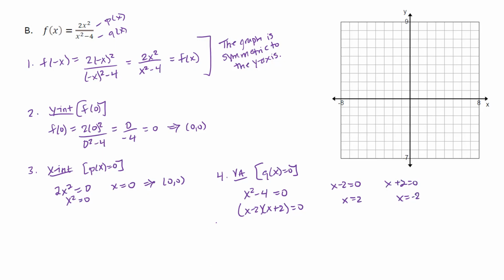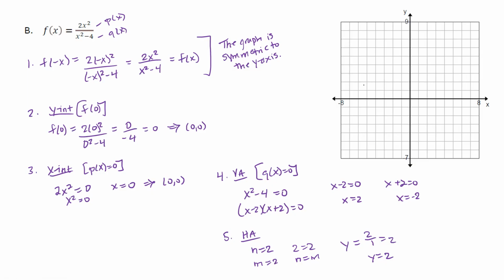So those are our vertical asymptotes. Then our horizontal asymptote, we look at our degrees. So n equals 2, m equals 2, 2 equals 2, so n equals m. So y is going to be 2 divided by 1. So y will equal 2, which is the horizontal asymptote.